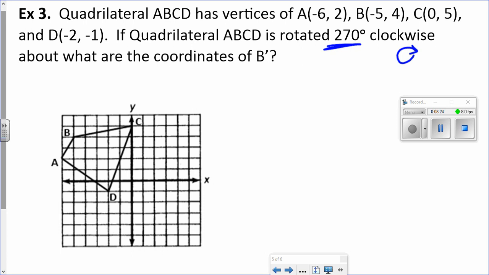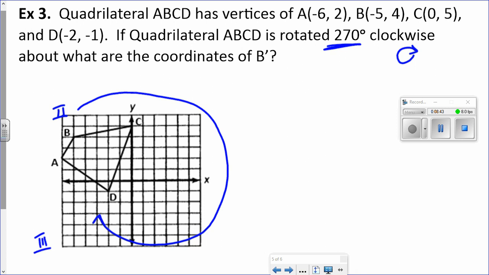And we want to know what are the coordinates of B prime. So again, we started here in quadrant 2, and we need to move 3 quadrants clockwise. So we go 1, 2, 3. So we're going to end up here in quadrant 3, where our coordinates are going to be negative, negative.